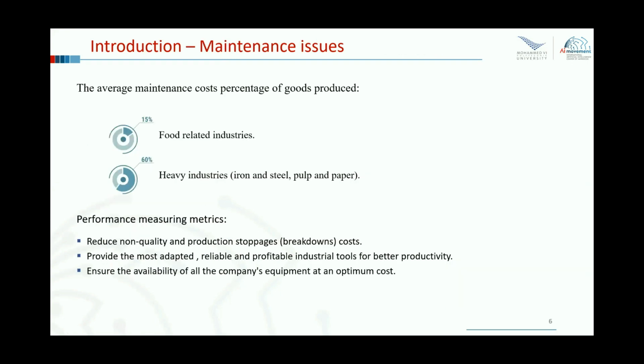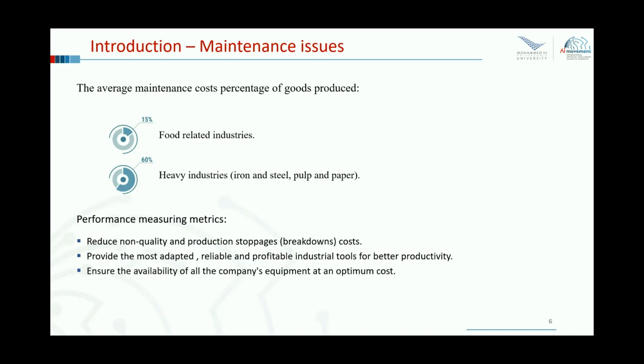However, maintenance and the choice of maintenance strategy is critical. These are some statistics that show the importance of maintenance actions. The cost of maintenance can change from one industry to another, depending on the activities. It can go from 15% of goods produced in food-related industries to 16% in heavy industries.